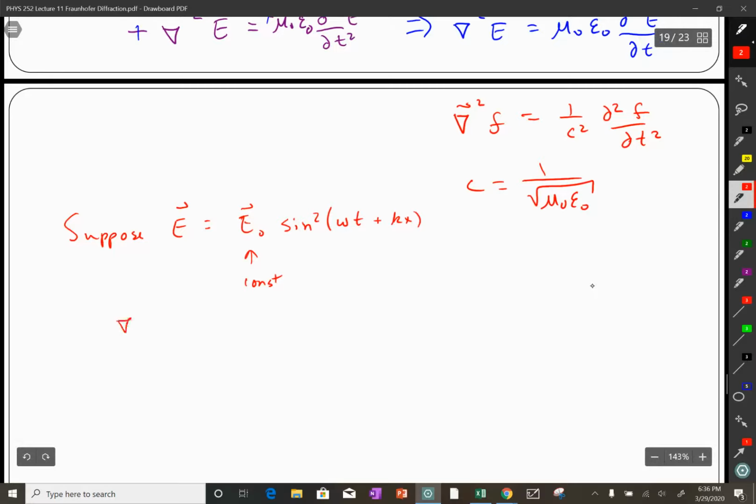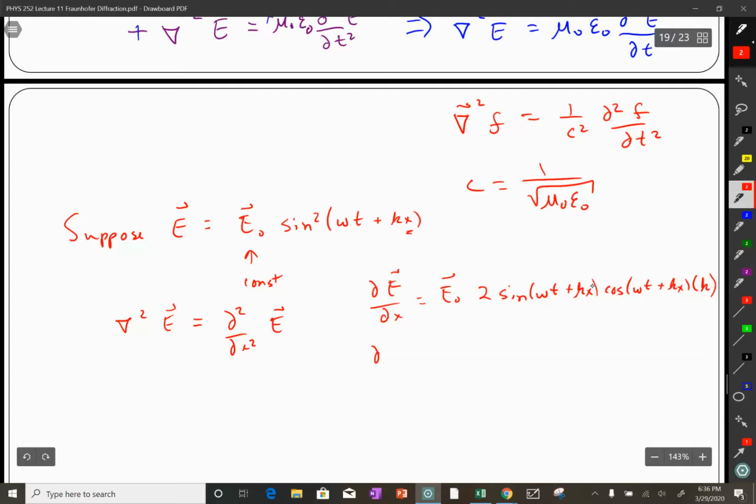So you have del squared E, since this is only x, is just going to be equal to d second dx squared E, which is going to be, if you take the derivative, dE dx is equal to E0 times 2 sine omega t plus kx times cosine omega t plus kx times the derivative of the inside, k.